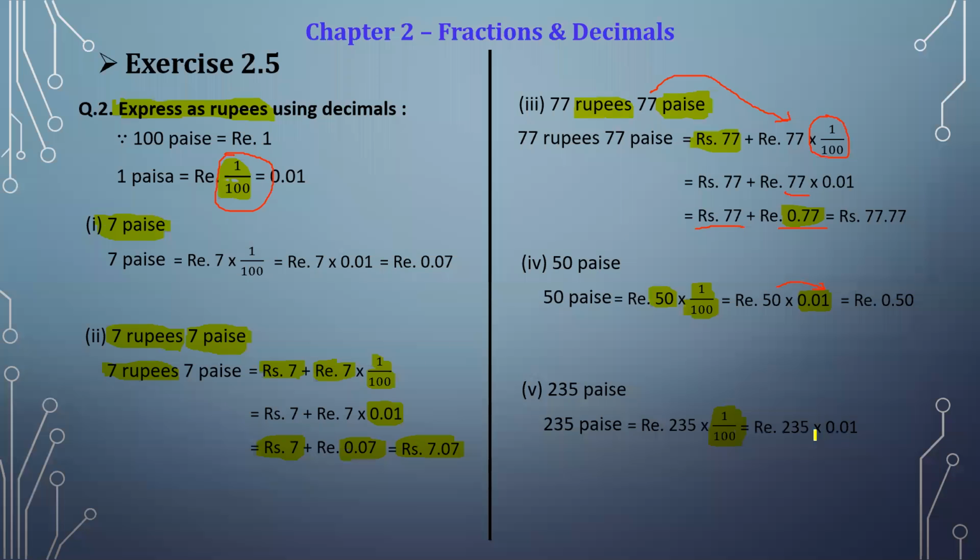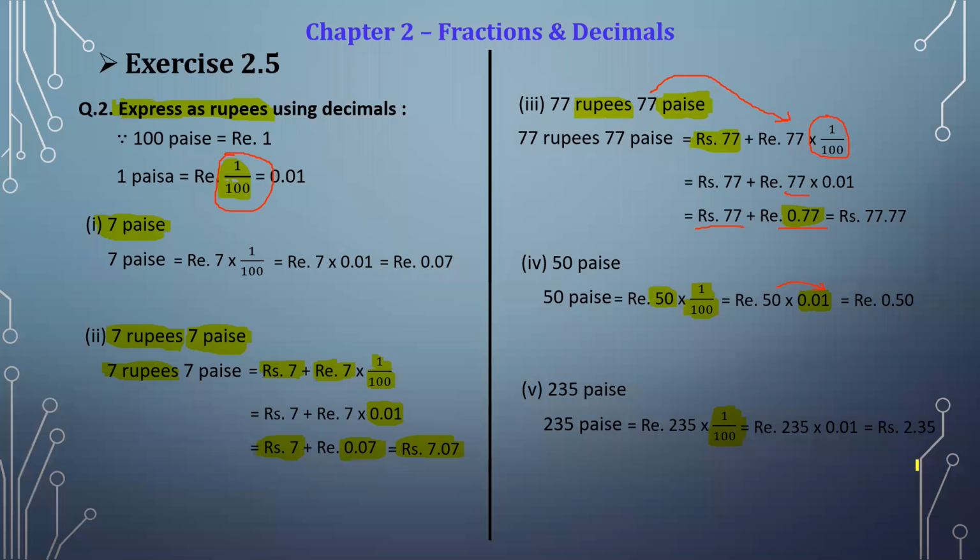Now you have to perform the multiplication. While multiplying, you have to carry the remainders. 235 into 1 is 235, so you write down 5, then 23 will be the remainder, then 2 is carried forward.